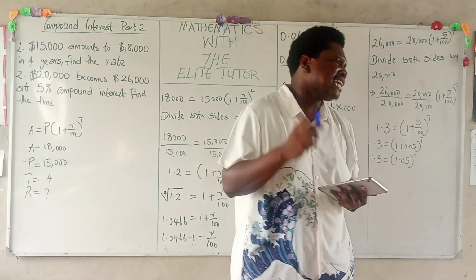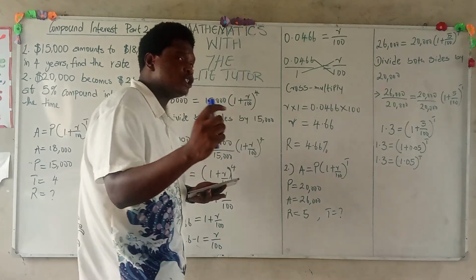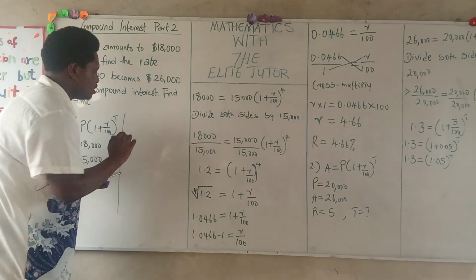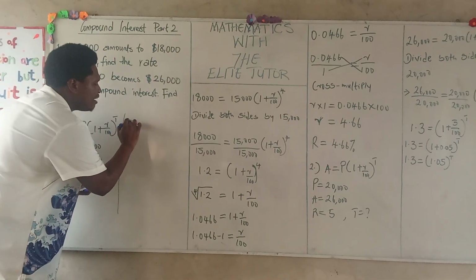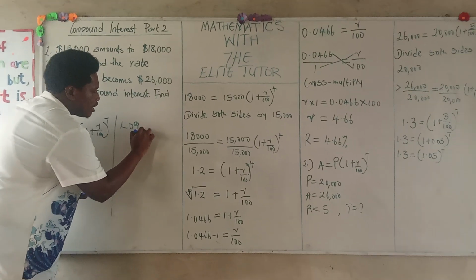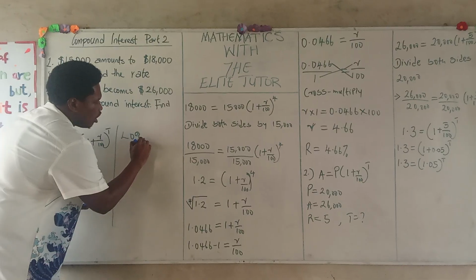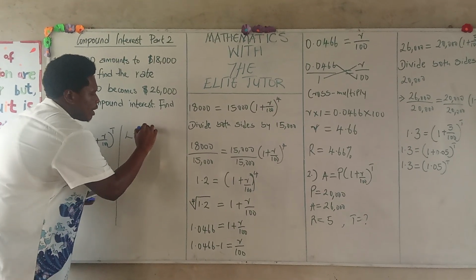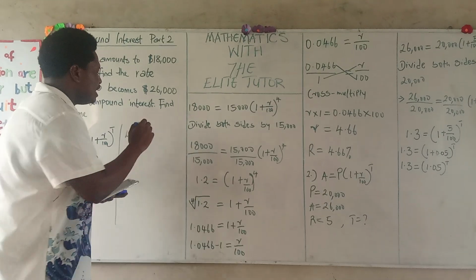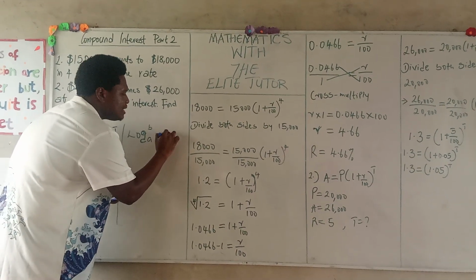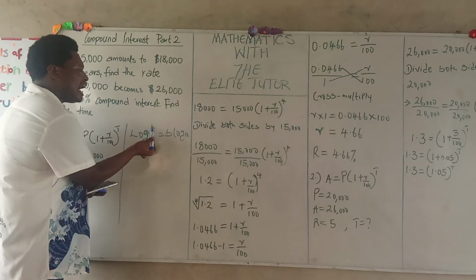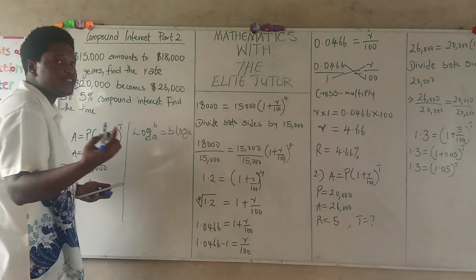Now what do I mean? Let's follow closely. I'm going to write, please follow me closely. There's this law of logarithm. The law of logarithm says that if you have log A raised to power B, it's the same thing as B log A. So you can see that this power has been brought to an ordinary number.